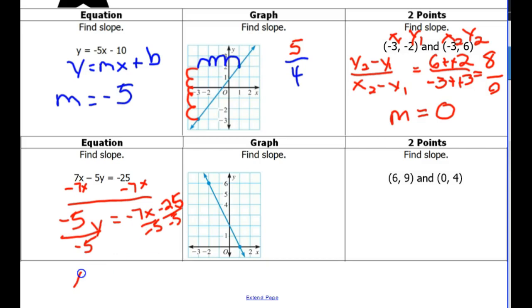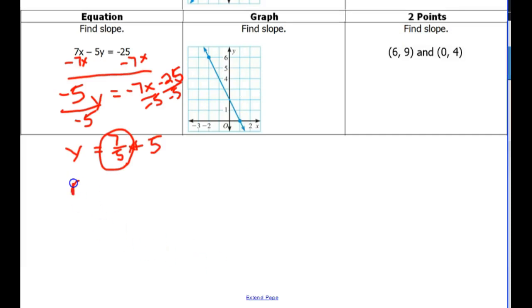So our answer then is y equals, two negatives make a positive, but 5 doesn't go into 7, so we're going to make a positive 7/5. Plus, two negatives make a positive, 25 divided by 5 is 5. So our m, remember, is right here. So our slope then is m equals 7/5.